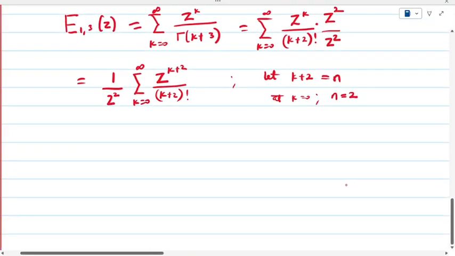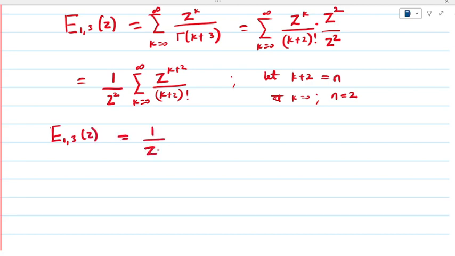Putting these two terms together, I'm going to have E_{1,3}(z) equals 1 over z squared, summation n equals 2 to infinity of z to the power n over n factorial.